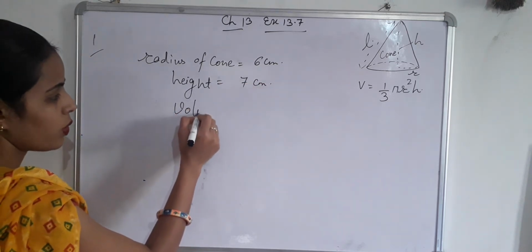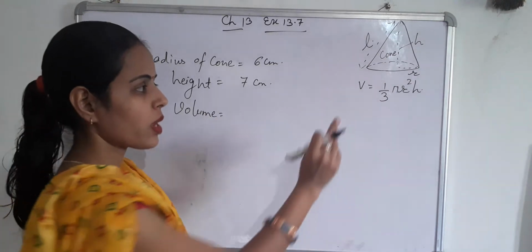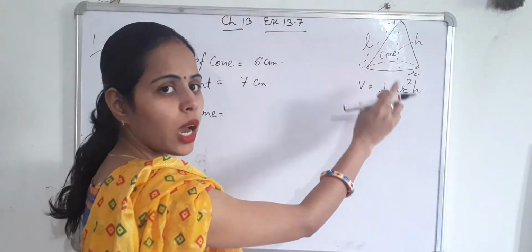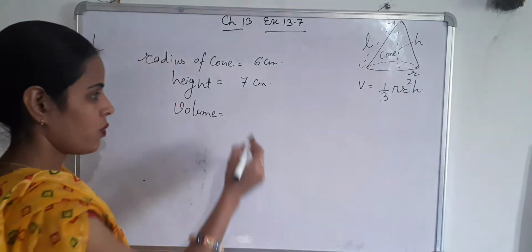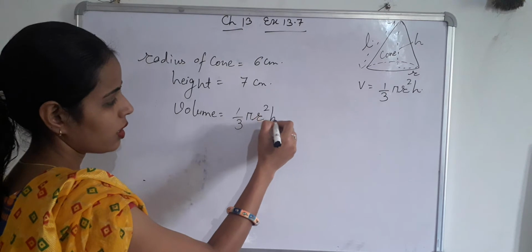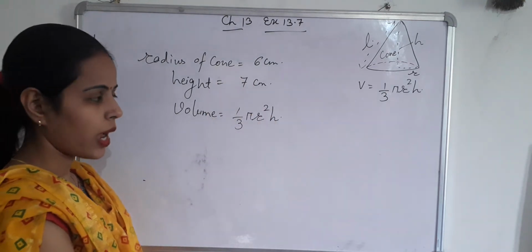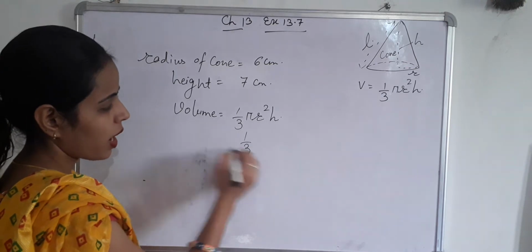Find the volume of this cone. Volume of cone equals 1 upon 3 pi r square h. First write the formula. R is used for radius and h for height. Now put the values of r and h.